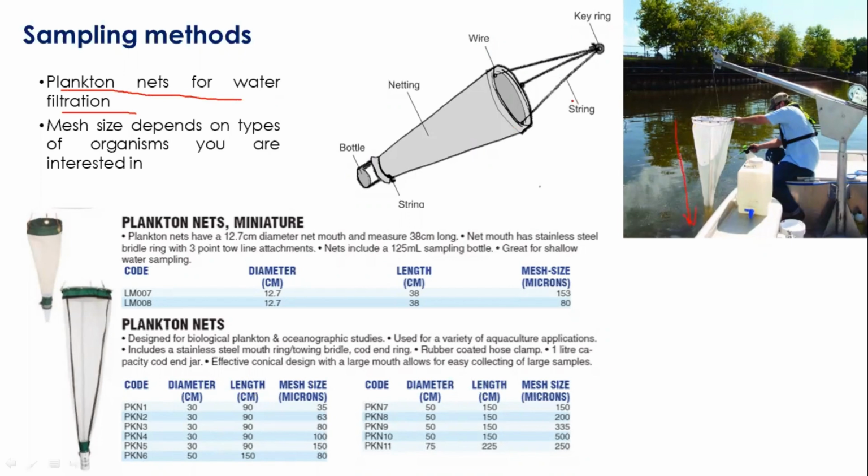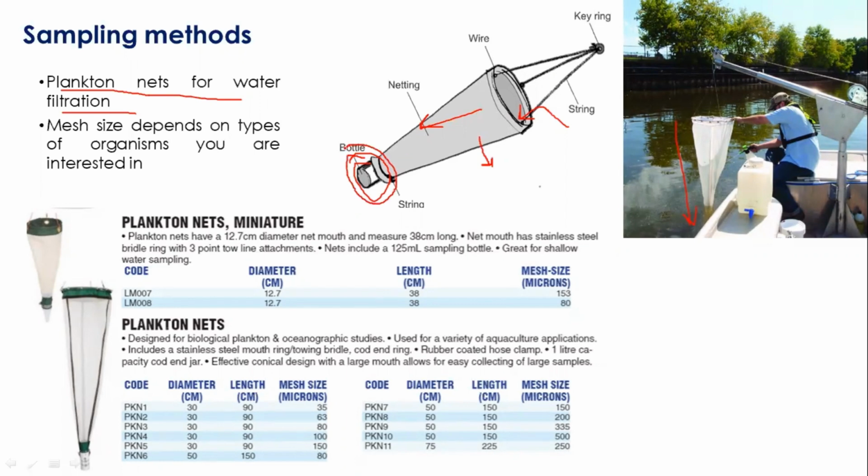This net looks something like this, where you have the net and then you have a bottle. The water will go in from here.